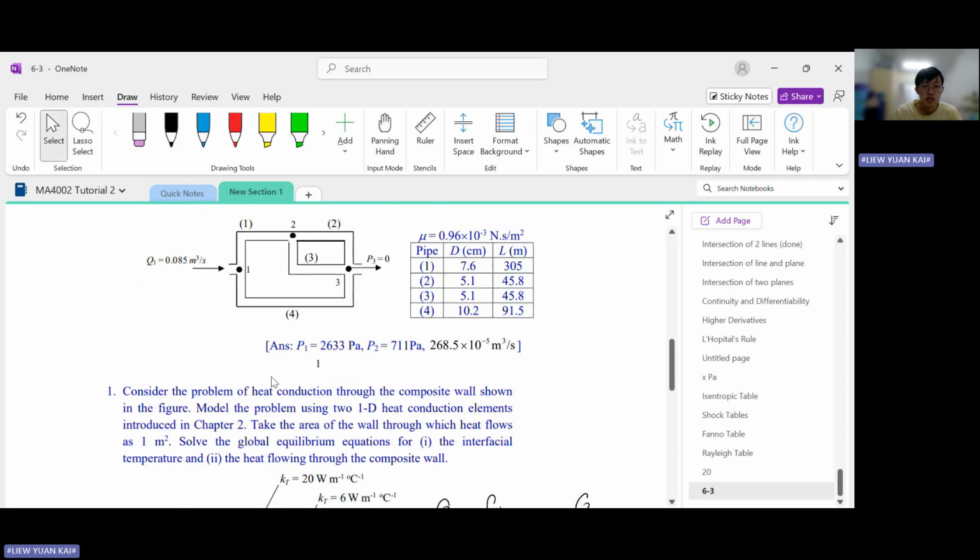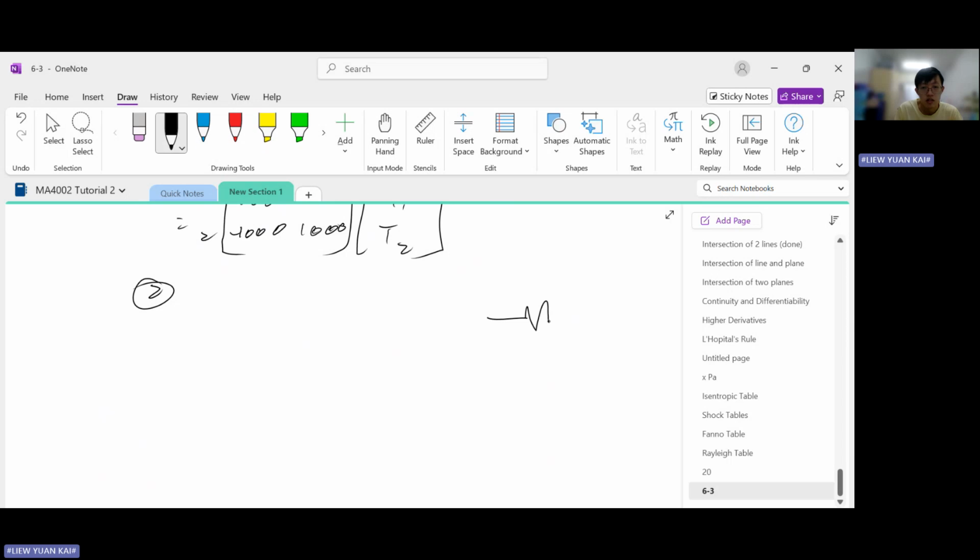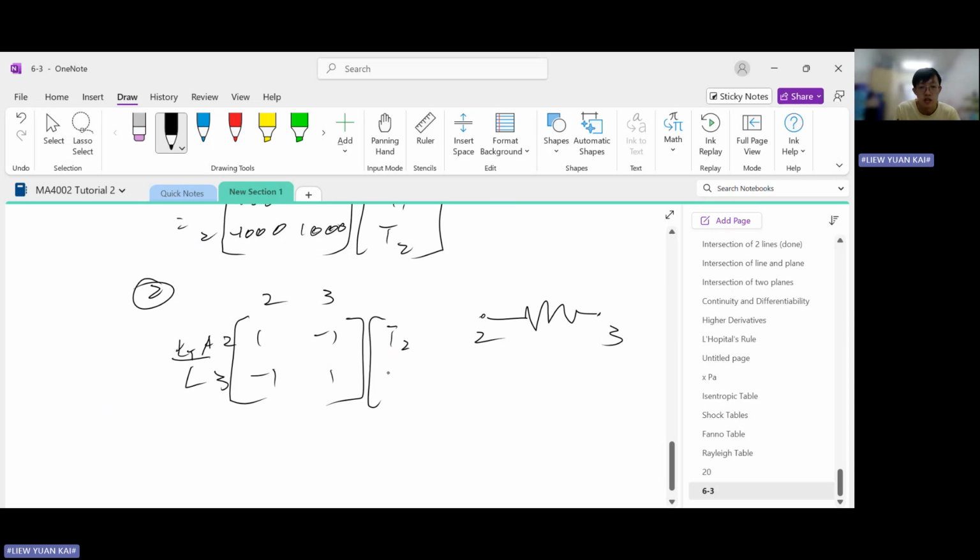So let's move on to the next one. Element 2 has nodes 2 and 3. Again, apply the same formula. So KTA over L, 1, -1, -1, 1. Since the nodes are 2 and 3, I can label the rows and columns with 2 and 3. And the temperatures are T2 and T3 respectively.